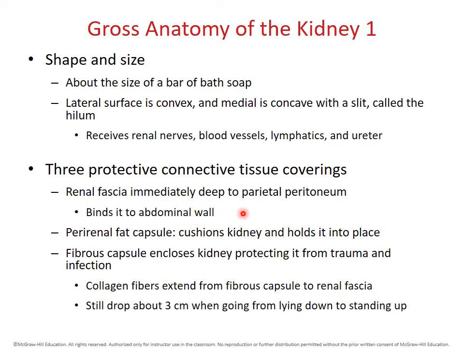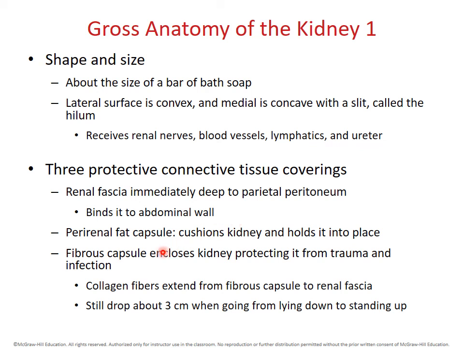The perirenal fat capsule is then beneath that renal fascia, and this provides a very nice cushion for the kidney, and just by filling space helps gently hold the kidneys within the renal fascia.